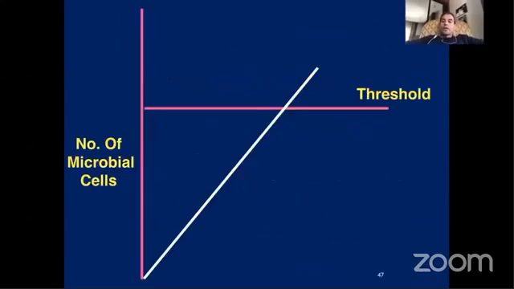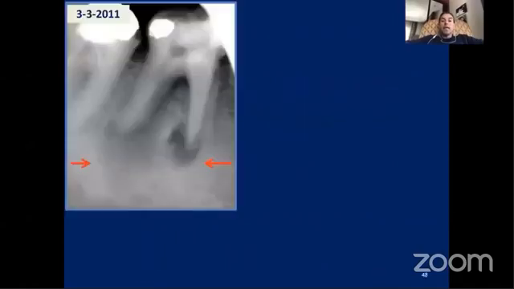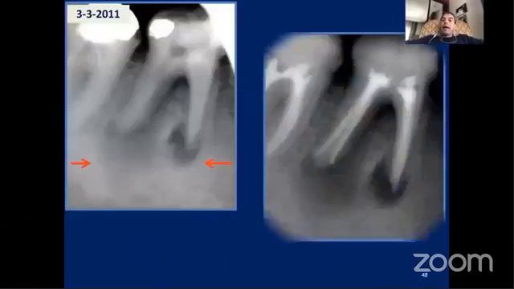So the treatment for us is to reduce the number of microorganisms as much as we can by removing the maximum number of microbes from the root canal system. And of course, we do this by making proper cleaning, shaping, irrigation. We spend a good time with irrigation.